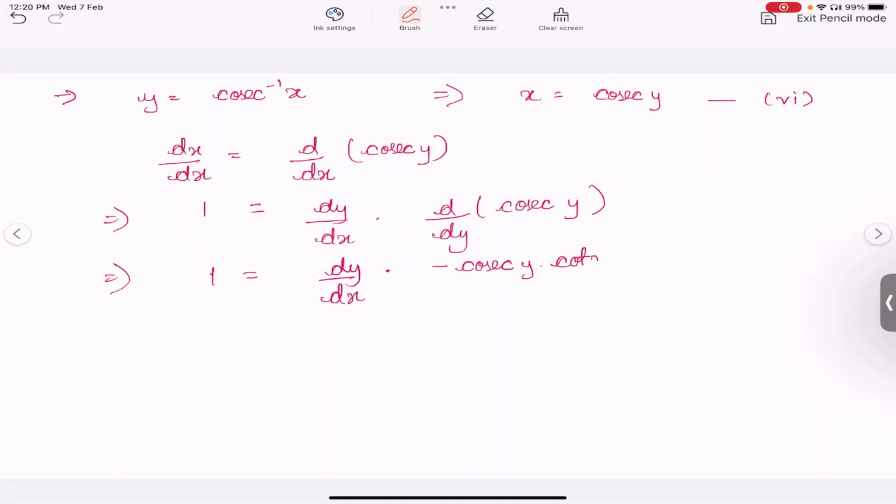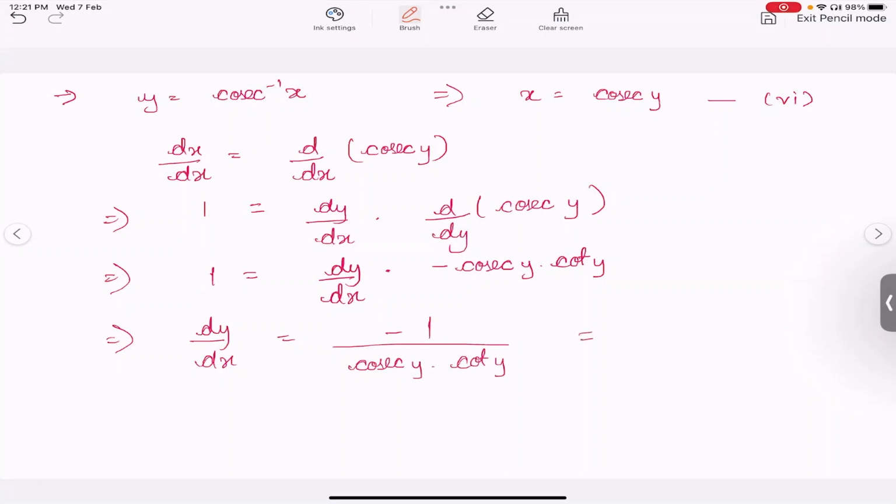We have learned this in our previous derivative classes. This is what we have. Now, this can be written as dy by dx will be equal to minus 1 by cosec y cot y.